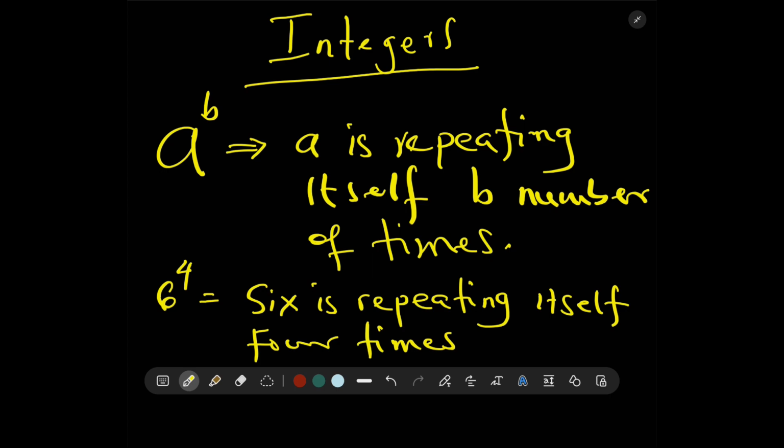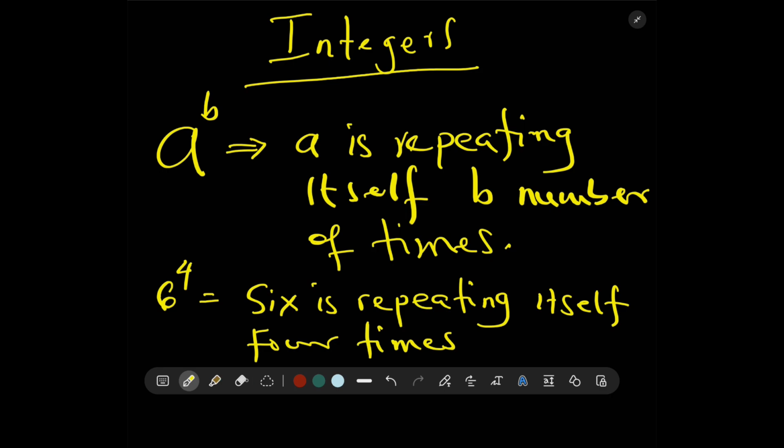Just like we have the definition as A raised to power B, which is that A is repeating itself B number of times. So 6 is repeating itself 4 number of times. That's what 6^4 means. So that is the definition for exponent.